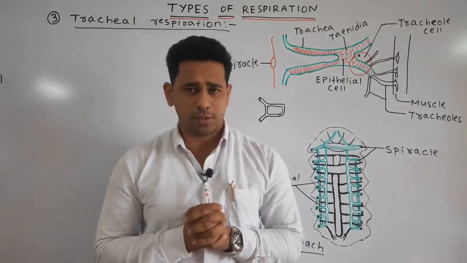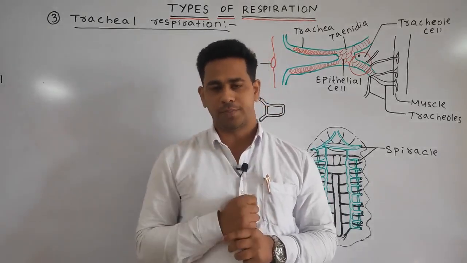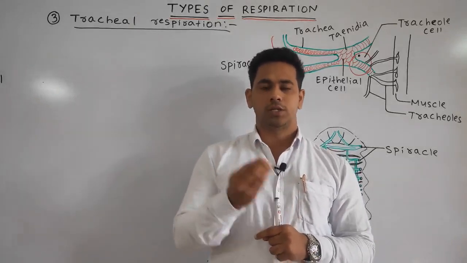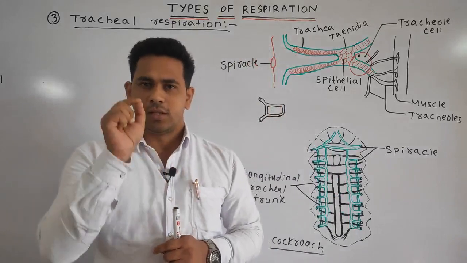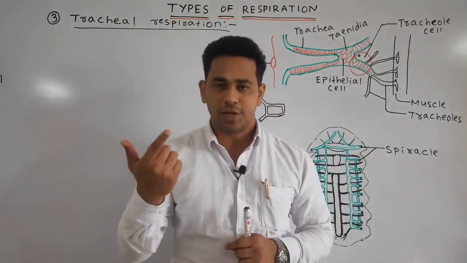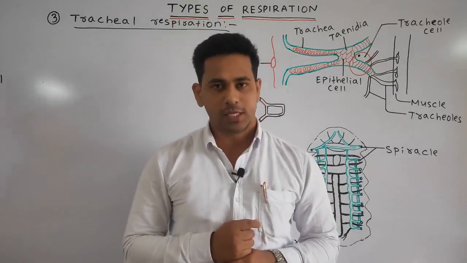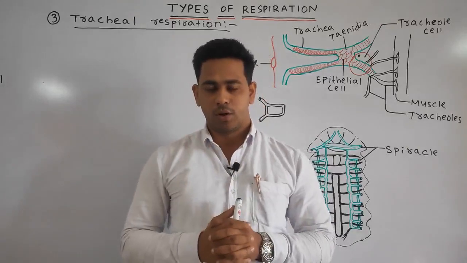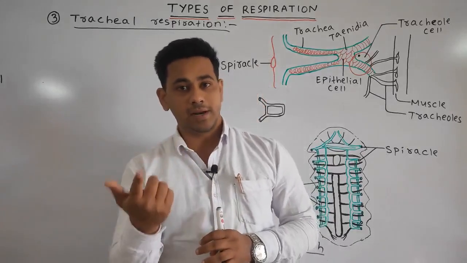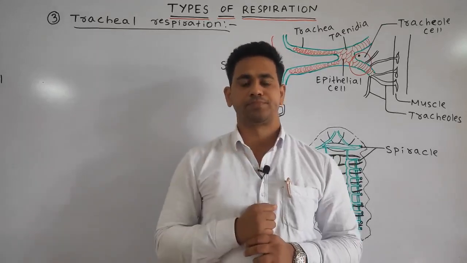Among the four types, we discussed in detail two types: first the cutaneous respiration, and secondly the bronchial respiration. In the cutaneous respiration, the respiratory organ is nothing but the moist skin, whereas in the bronchial respiration, the respiratory organ is basically the gills.